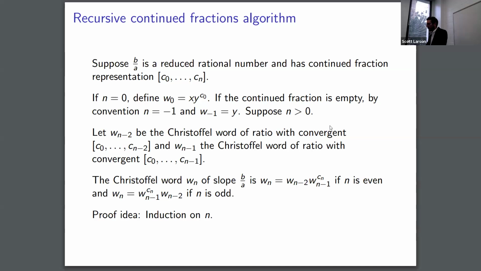And then for n greater than 0, you let W n minus 2 be the Christoffel word of this convergent right here, and W n minus 1 be the Christoffel word of this convergent. And then if they're even or odd, you just slap them together like this. To prove this, you use Smith's characterization and induction on the length of the convergent.